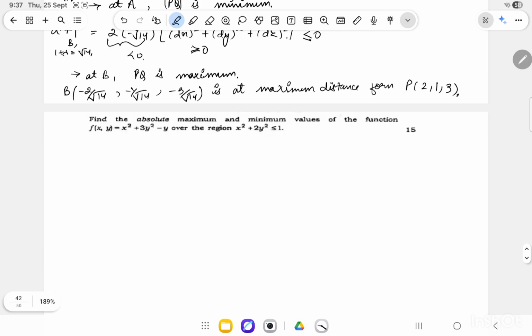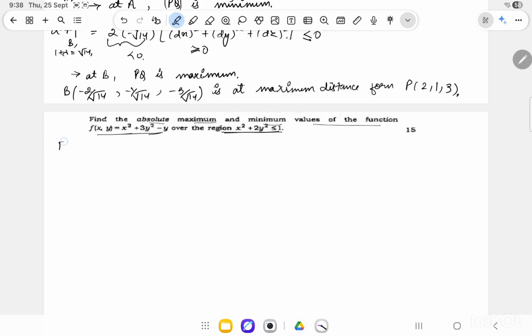So the next question says to find the absolute maximum and minimum values of this function over this region. So they have given us a function in two variables x and y, and we are supposed to find its extreme values in this region.